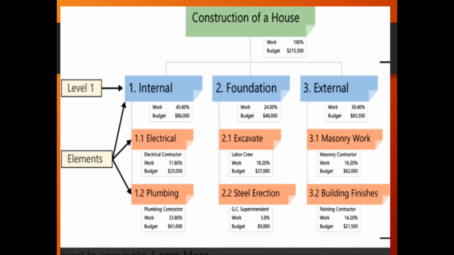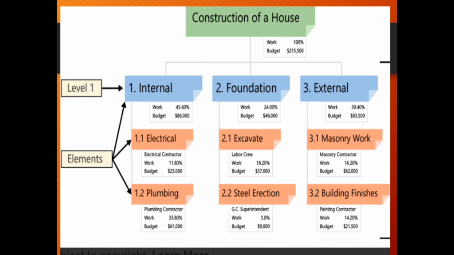Those are found inside. From there, I've got some other deliverables on foundation, like excavation as well as steel erection. On the major deliverable that is external, I've got deliverables like masonry work as well as finishing the building. So that is what we need to understand.